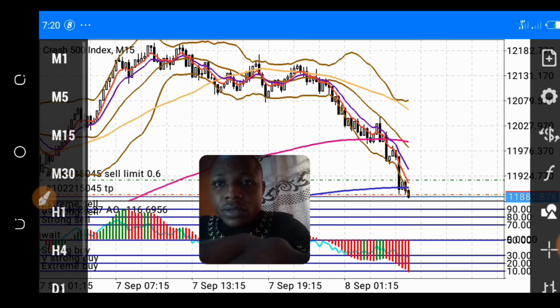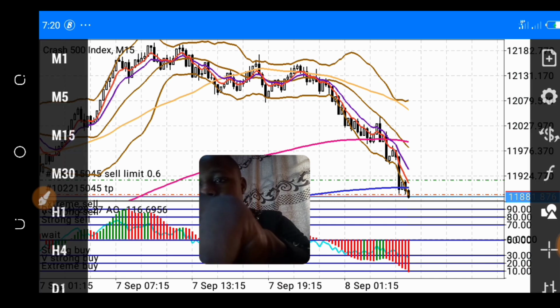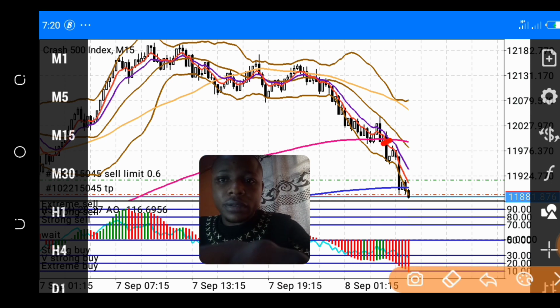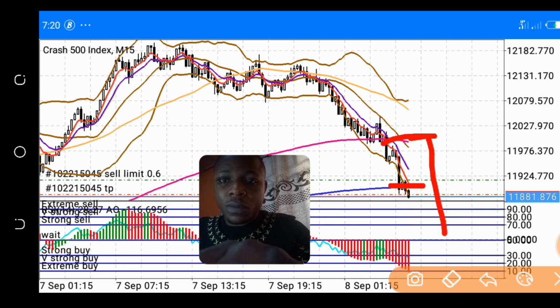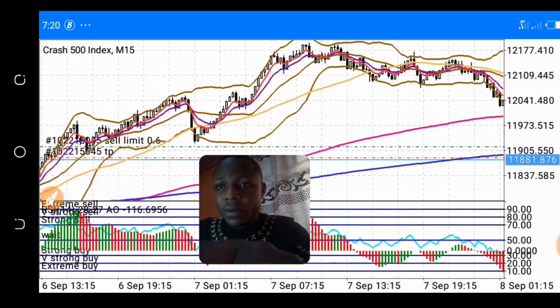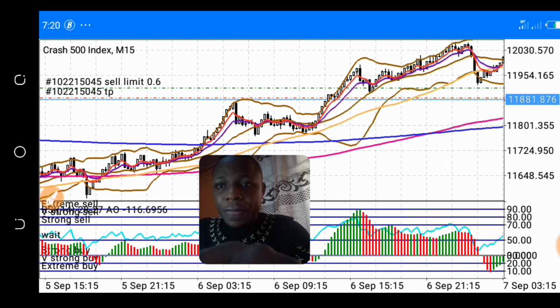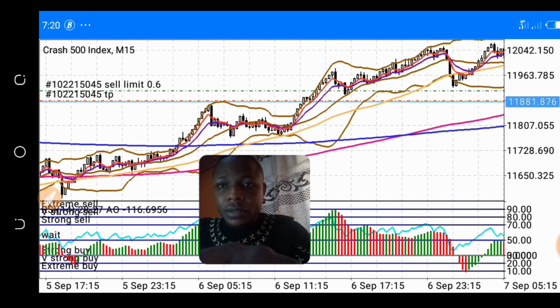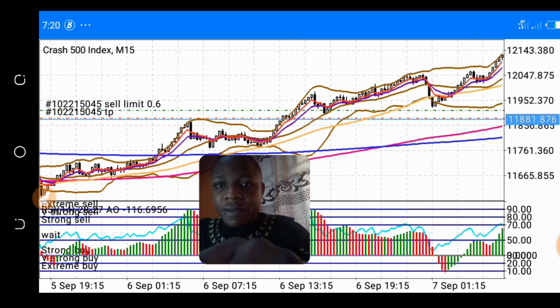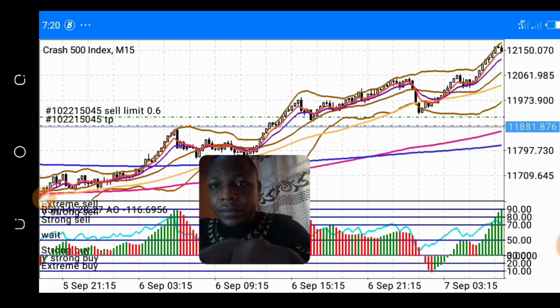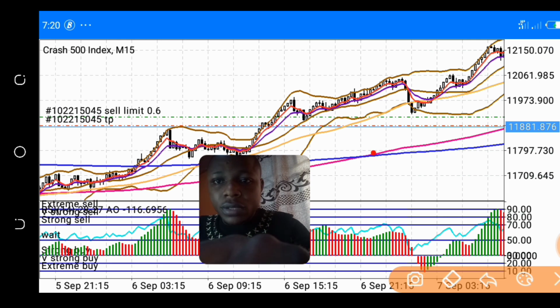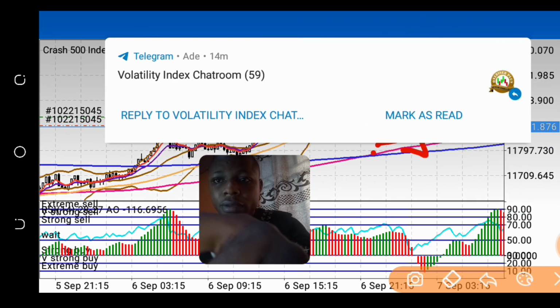If this EMA 200 crosses EMA 500, maybe downward, that means the market will still sell more. Very well. See where EMA 200 crosses EMA 500 upward here. It's crossed it here. You can see it's crossed it over here.